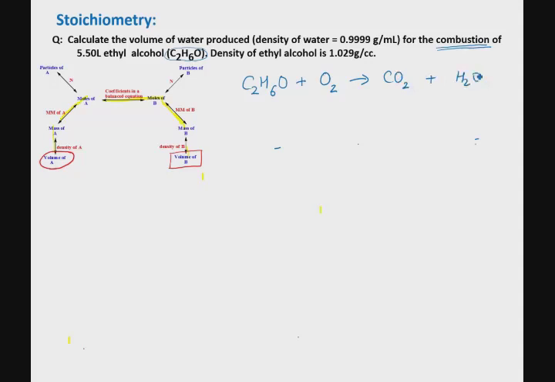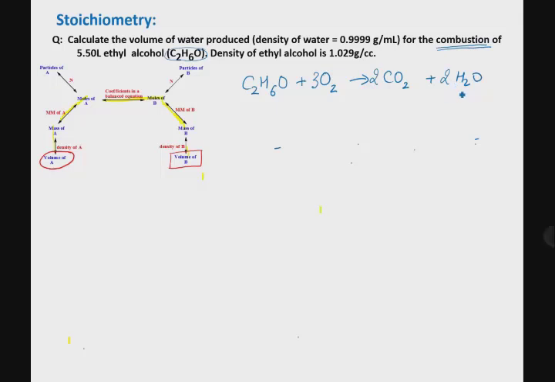Once you have the equation written, we go ahead and balance it. When you balance this equation, hopefully you would get 1 C2H6O, 3 oxygens produce 2 carbon dioxides and 2 water. Let's just make sure that this balancing is correct before you move on.